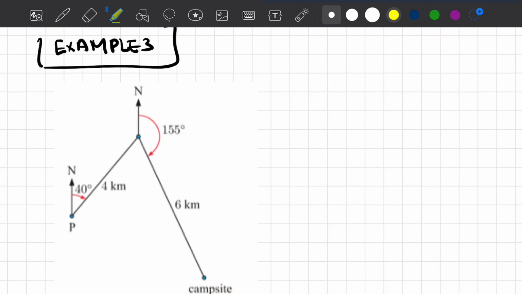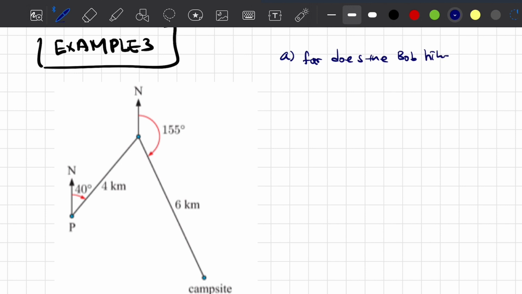Question A: we first have to identify how far Bob hikes. We know that Bob hikes directly from point P to the campsite, so we are trying to find this x value.